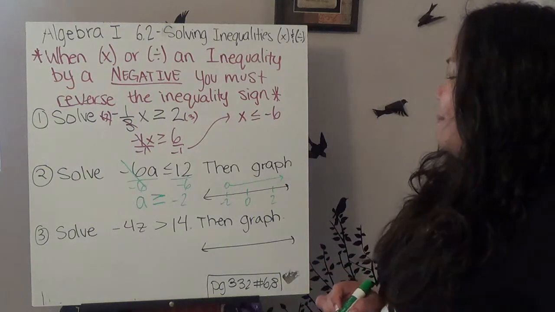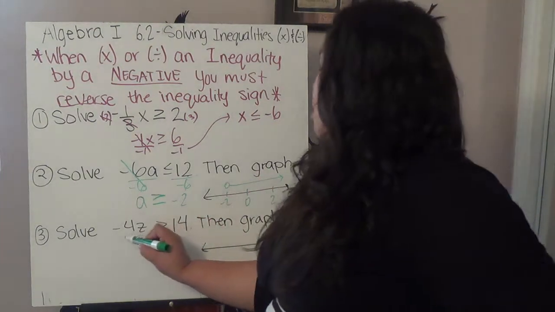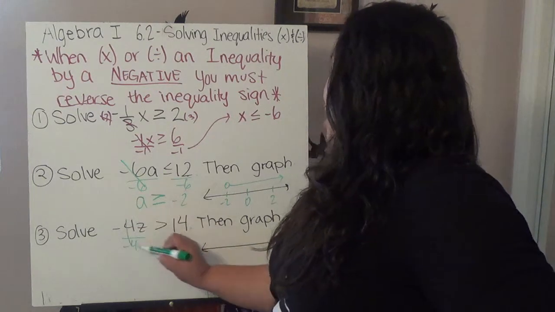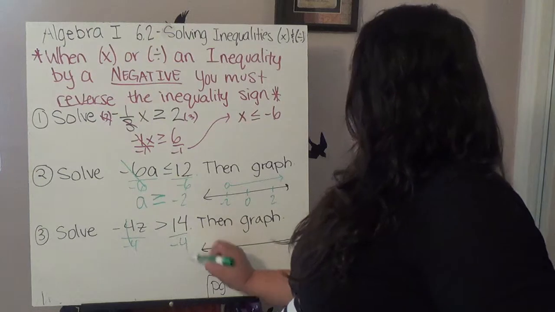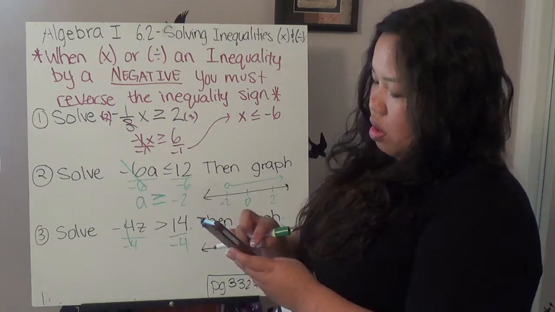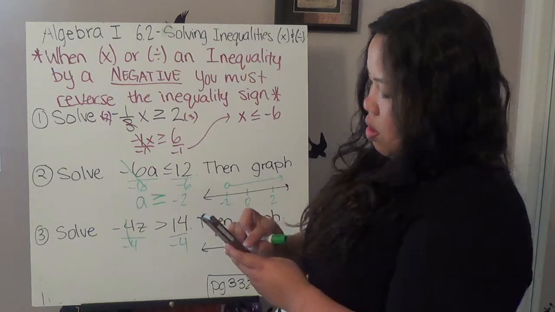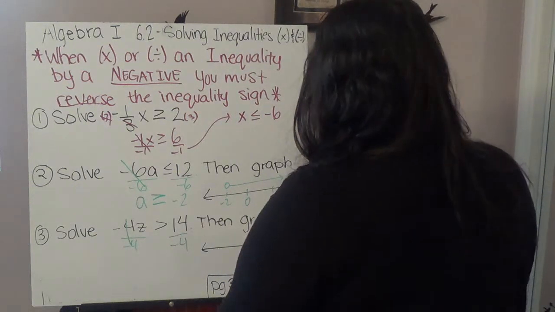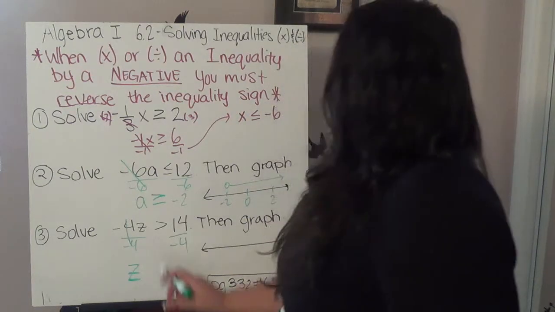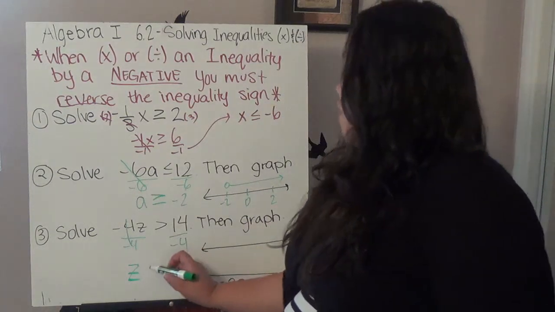The next one, I'm going to divide both sides by negative 4. And again, I'm dividing by negative 4. This time I end up with a decimal, 14 divided by 4, which gives me 3.5. So I have z, and because I divided by negative 4, I'm going to flip it.